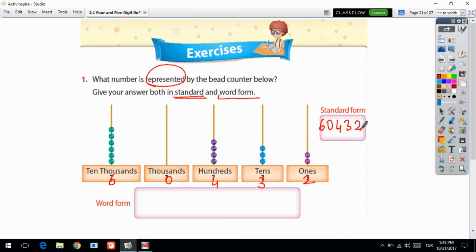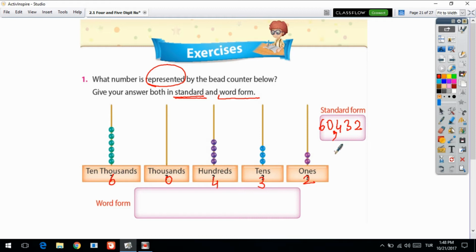We have a rule: when you write the number from right to left, after 3 digits I put a comma. So now it's easy to write the standard form. Now let's talk about word form. It's very easy, because we have learned it in the last lesson. You start to read from the left side, from here until the comma.